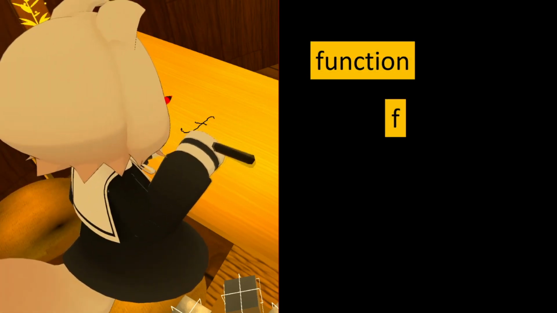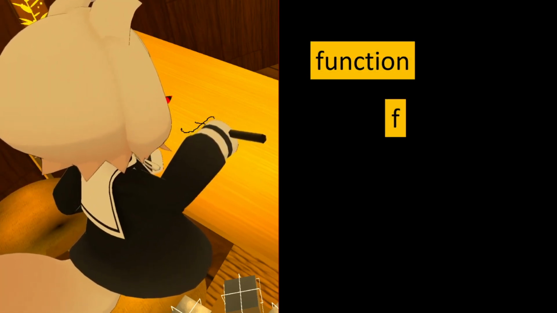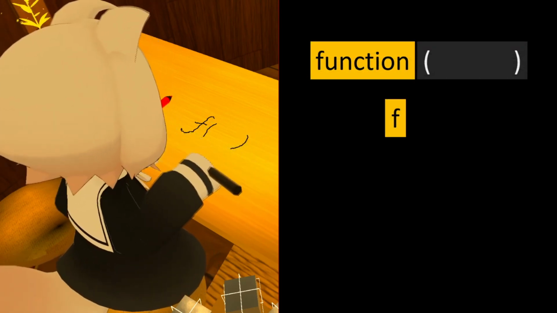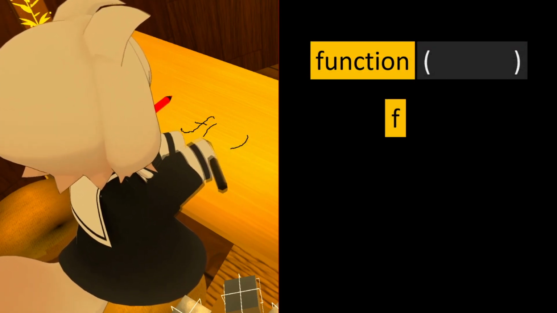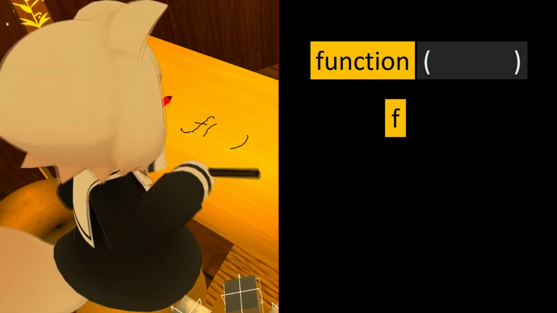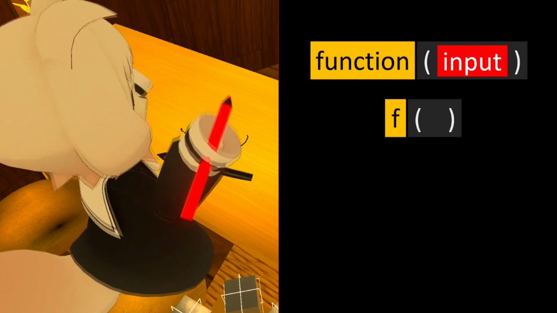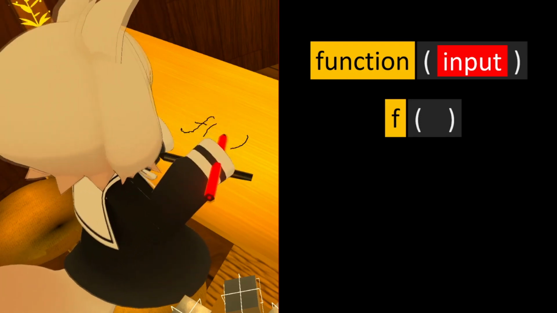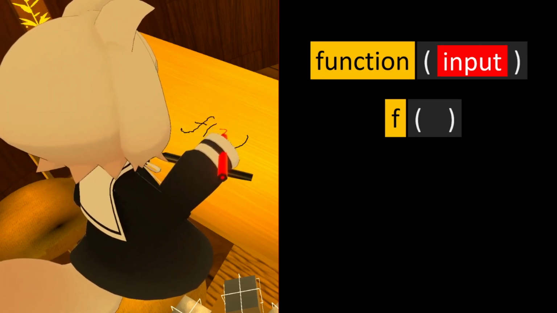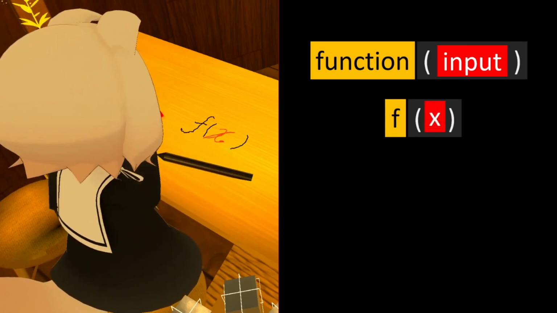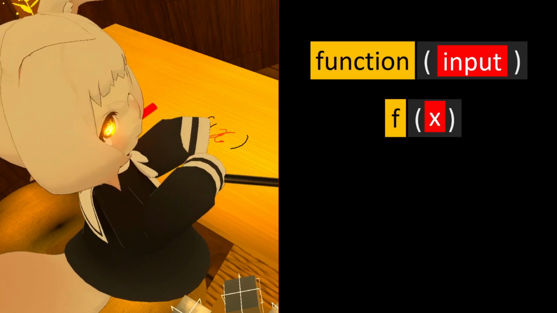The next thing is our parentheses. What the parentheses do is say that this whole thing is our input. You can name the input anything you want, but most of the time we call it x. This is the very classical way to write a function: f of x.